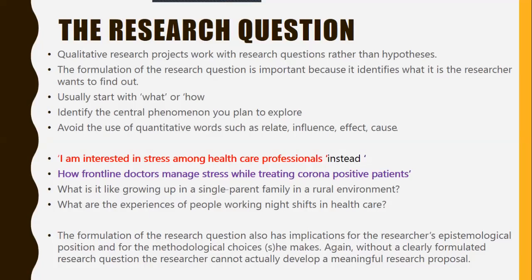Or we can also say what it is like growing up in a single parent family in a rural environment, or what are the experiences of people working night shifts in healthcare. So we need to be more specific in considering what we are looking into through our research question.